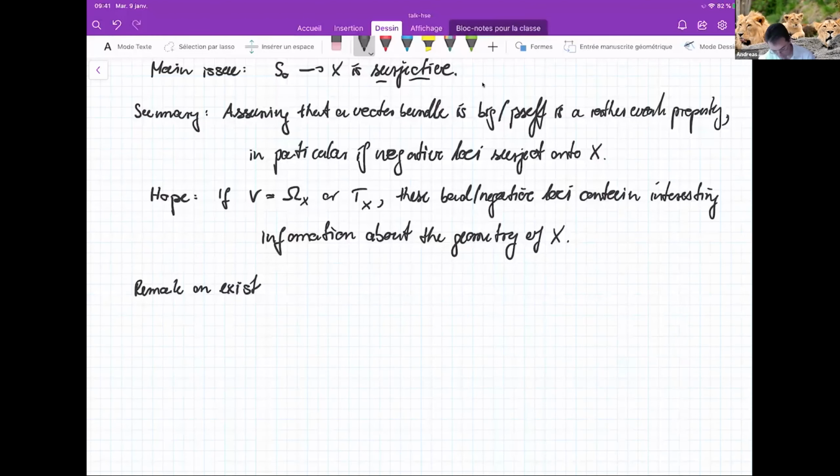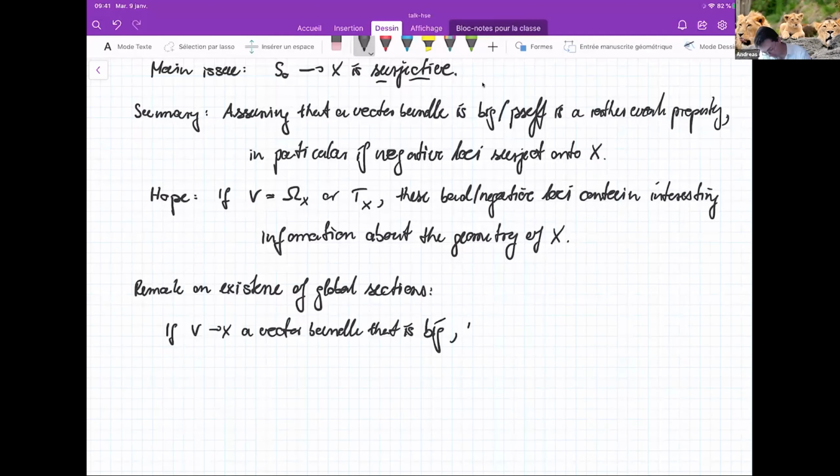So if you have V over X, a vector bundle that is big, then if I look at the space of global sections of the symmetric powers, which is the same as the space of global sections for powers of my tautological class, this is certainly non-zero for L sufficiently large.